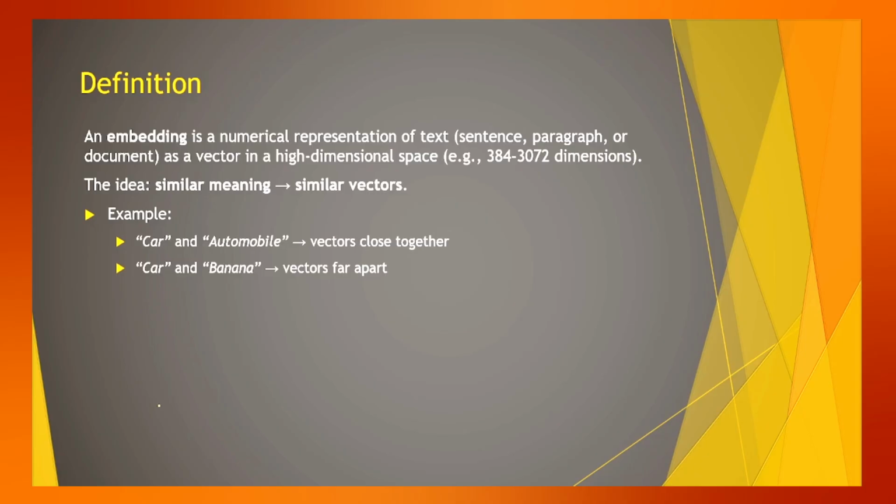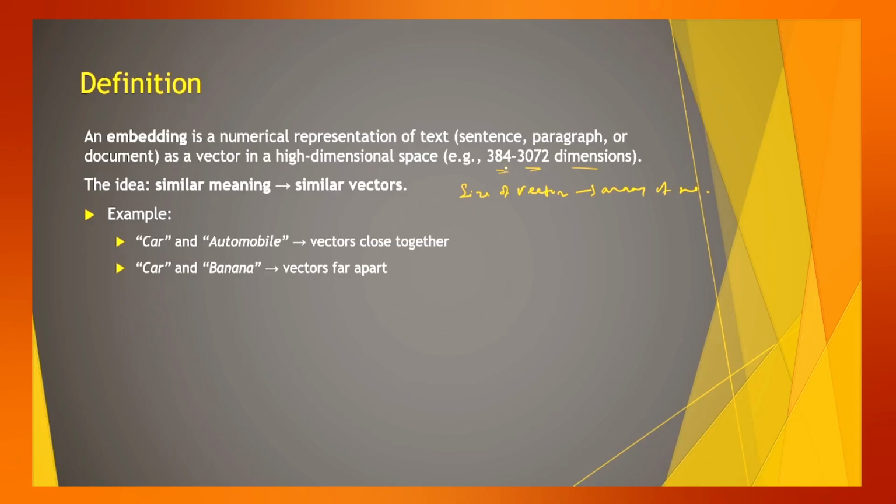This space is 384 to 3072 dimensions. The dimension means the size of the vector, that means an array of numbers. Most embedding models lie between these numbers, and the number depends on the architecture of that model.